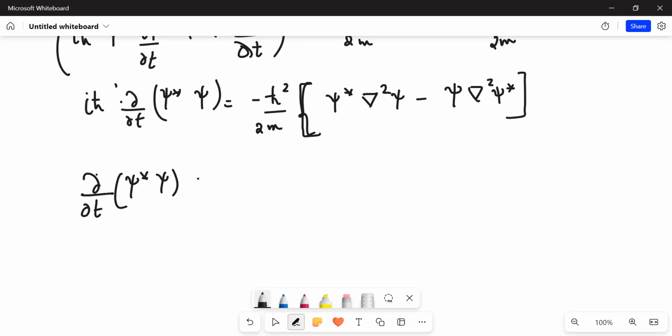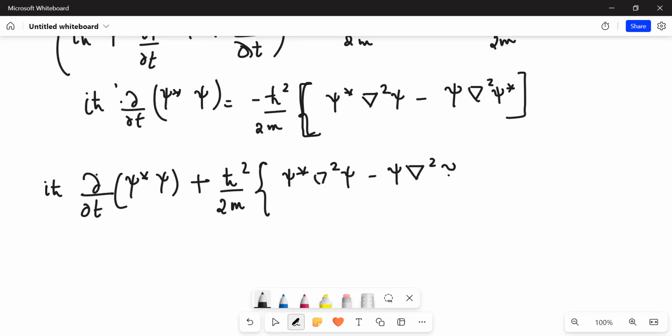This is your probability density plus h bar square upon twice m, and I think you will get 1 upon, I'll write it right here only once. And here you have psi star del square psi minus psi del square psi star. And this is equal to 0.